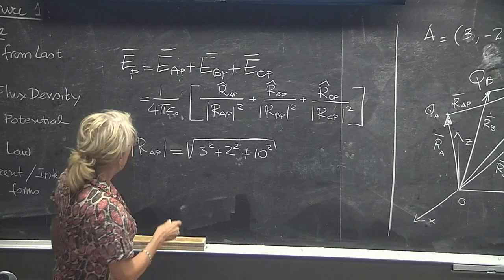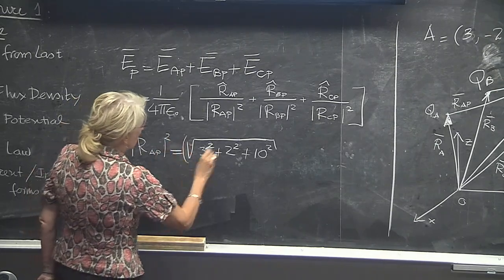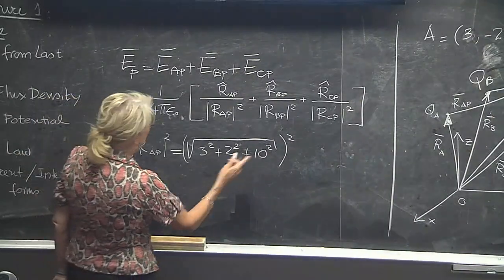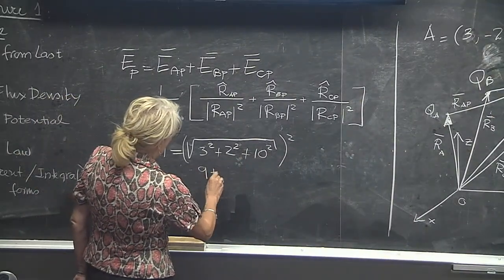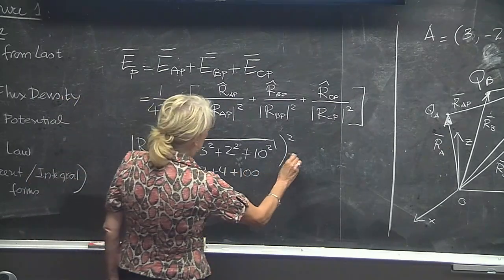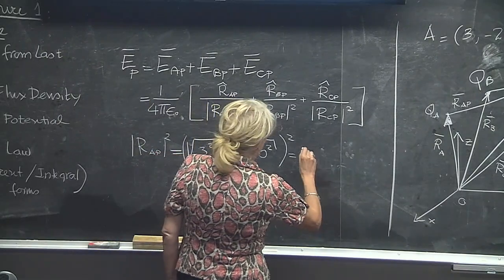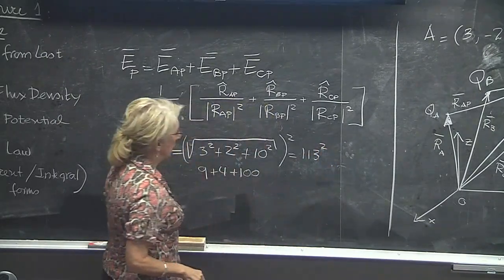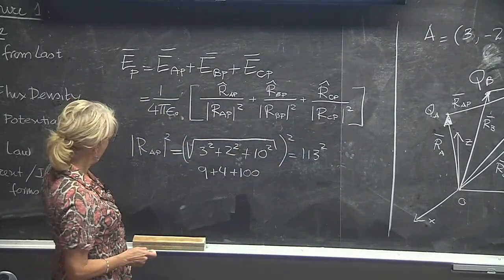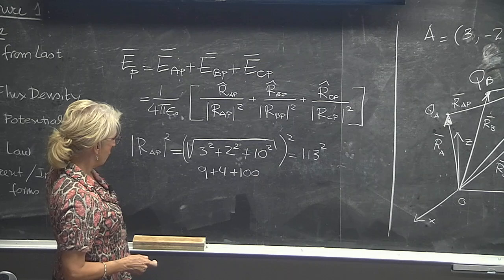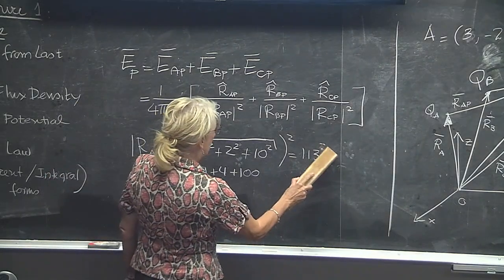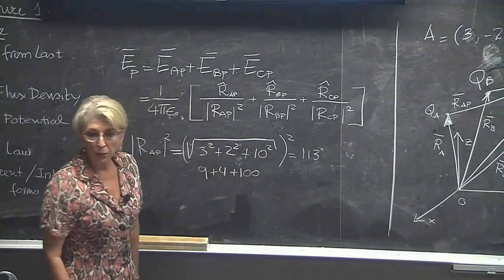All right. And then, because it's in the 2nd power, it's like this. Okay, so I can find from here 9, 4, 100. All right, and that is going to be 113 to the 2nd. And then you do the same thing for all of the other ones. The square, yeah. 113, sorry. The square, sorry. Yes. Thank you.